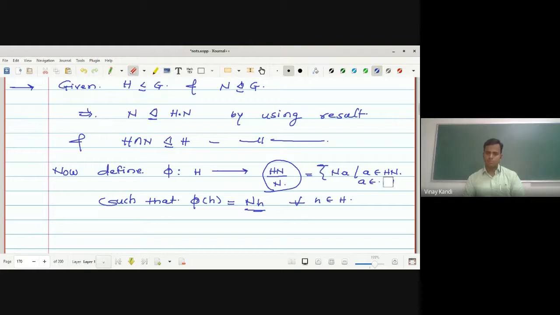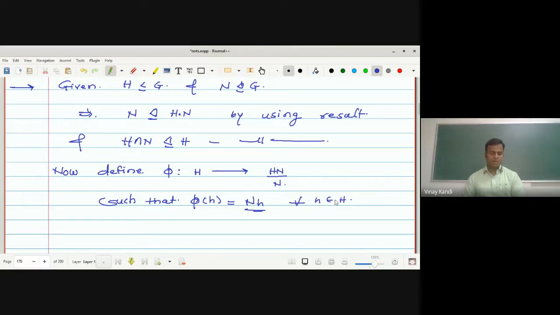What is the nature of this set? Elements of the form Na, where a belongs to HN. This a we can write in this form: e into a belongs to NH, where e belongs to N and a belongs to H. Hence we can define a function phi of h equal to Nh for all h belonging to capital H.